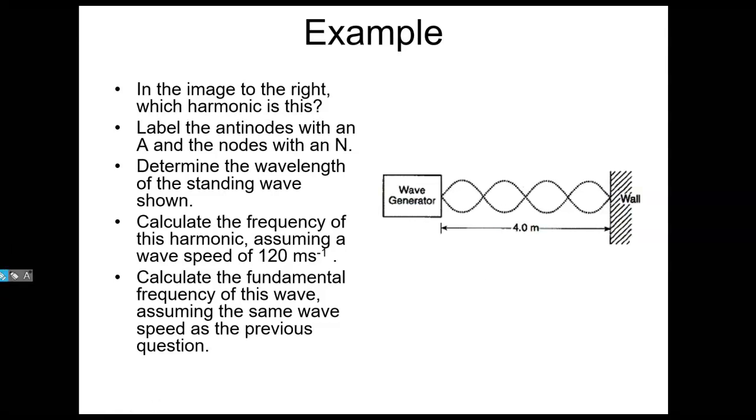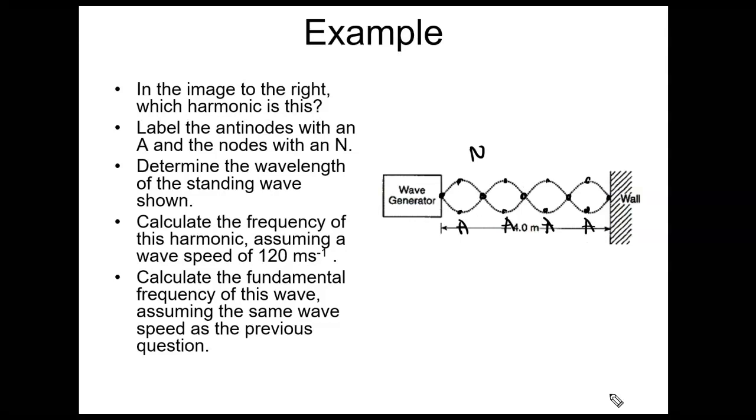The second question says label the antinodes with an A and the nodes with an N. Remember, the nodes are the points on the standing wave that appear to not be moving. So these are going to be the nodes, and then the antinodes are going to be here. Okay, so those are the antinodes.